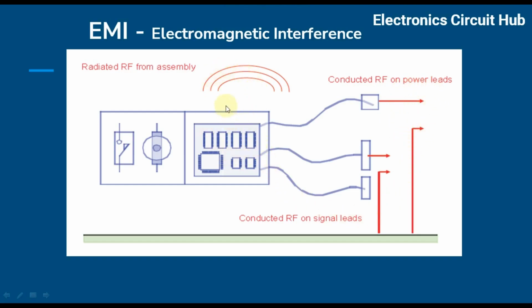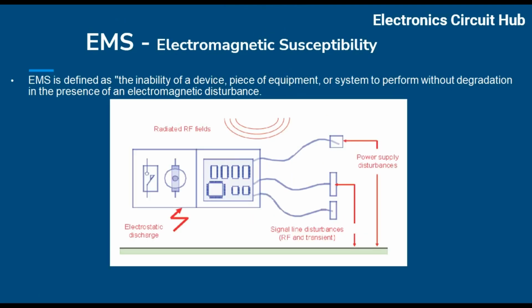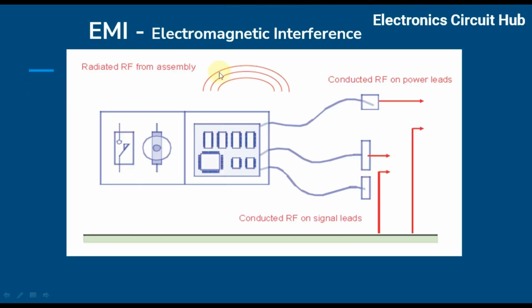Your EMI can also couple using radio electromagnetic waves. You can see this image, which stands for the electromagnetic wave. So it can be coupled through cable, or it can be coupled through air via electromagnetic wave, right? So now this is all about EMI, what you have learned, how EMI impacts the system.